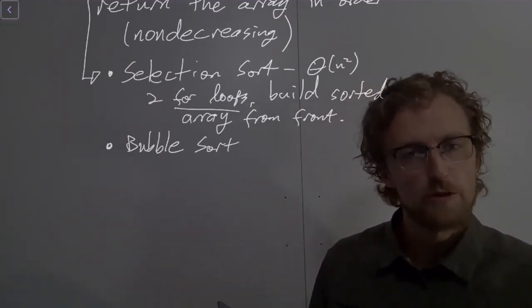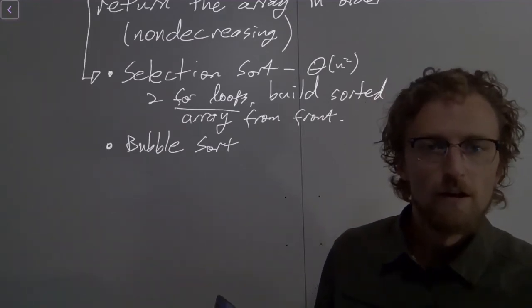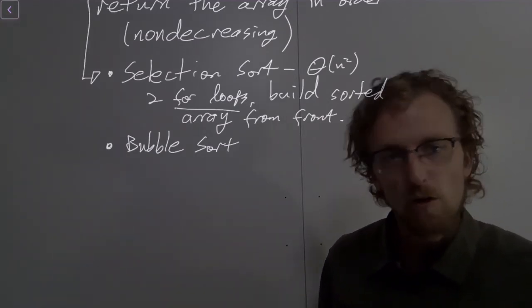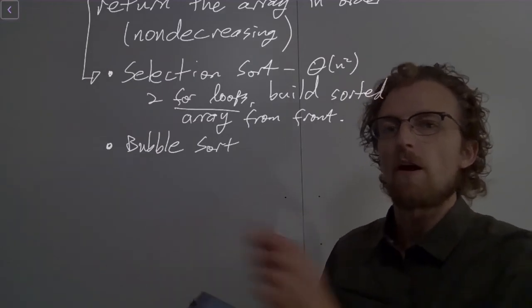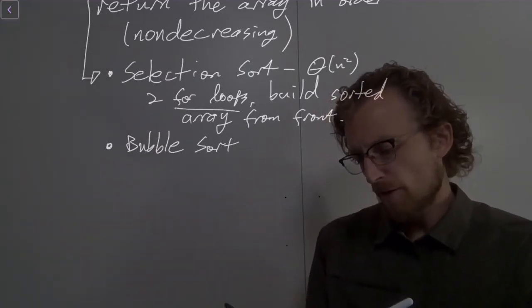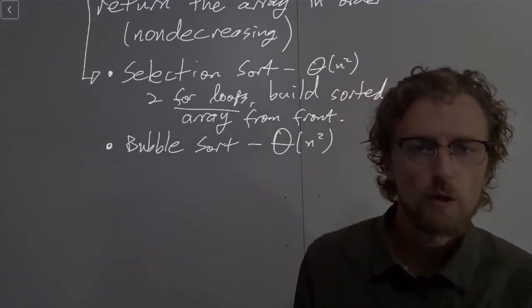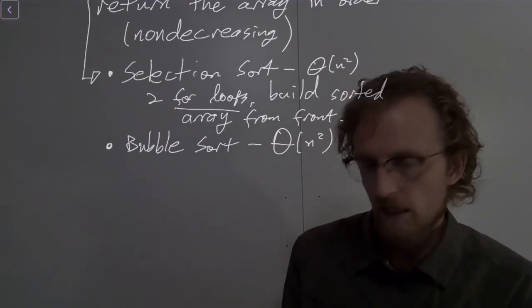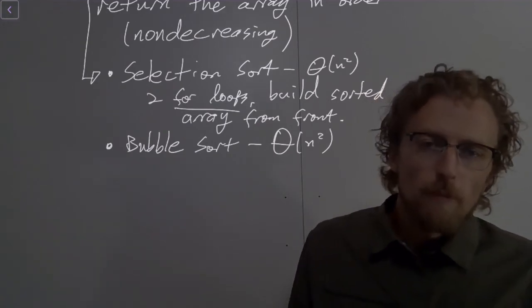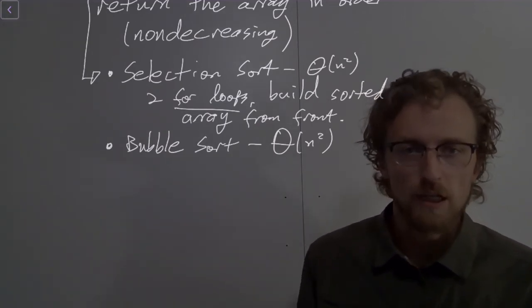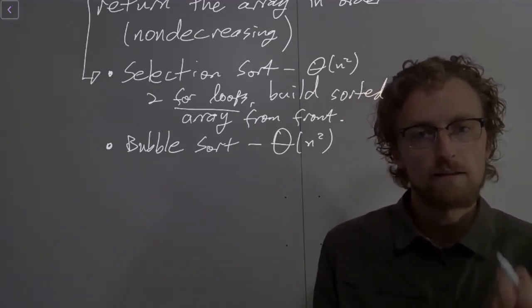It's called bubble sort because of the analogy that you find the largest thing and make it bubble up through the array. So bubble sort is another one that's brute force. It's not efficient. It also requires many swaps, and it's not a particularly good algorithm, but it's one of these basic knowledge things that you're kind of expected to have.